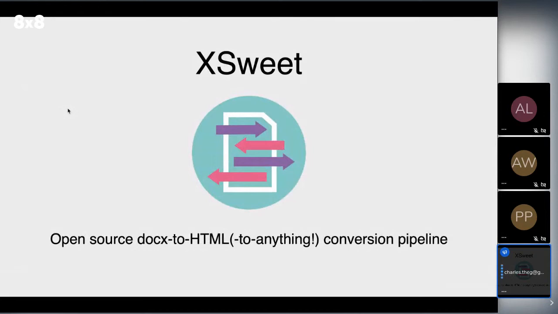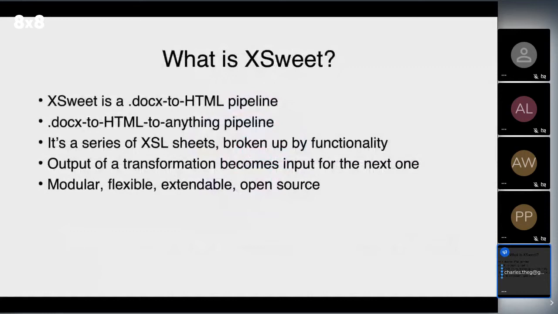So, I'm talking about XSweet today. XSweet is an open source docx-to-HTML and beyond conversion pipeline. What does that mean? Well, the idea behind XSweet is that it will take your content from Word documents.